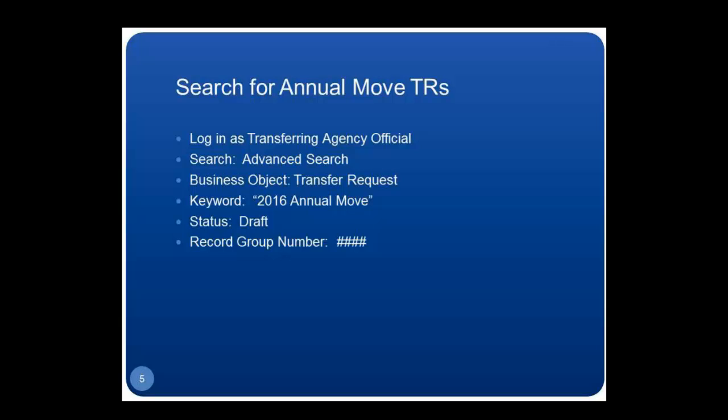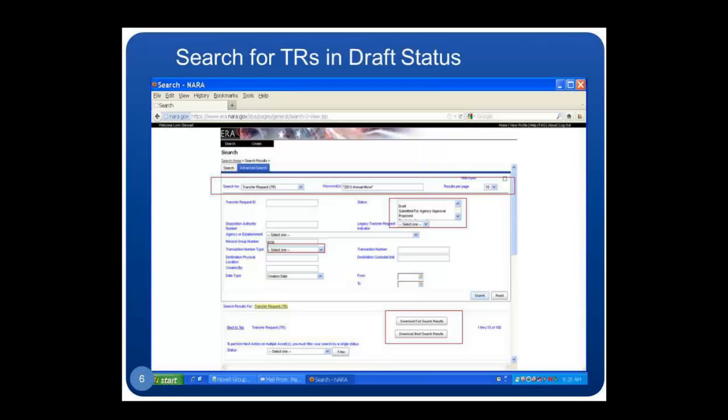The next step would be inputting the keyword 2016 annual move, searching for draft status, and the 4-digit record group. This is a screenshot of the advanced search screen I just described. And as you can see, the keyword includes the 2016 annual move, the record group.